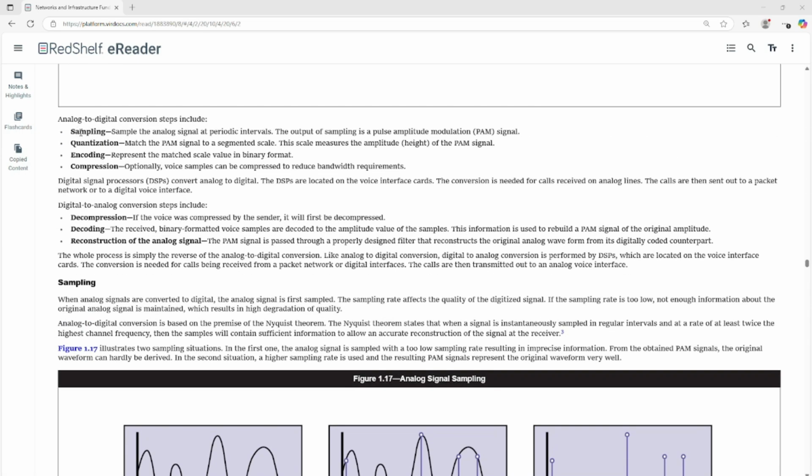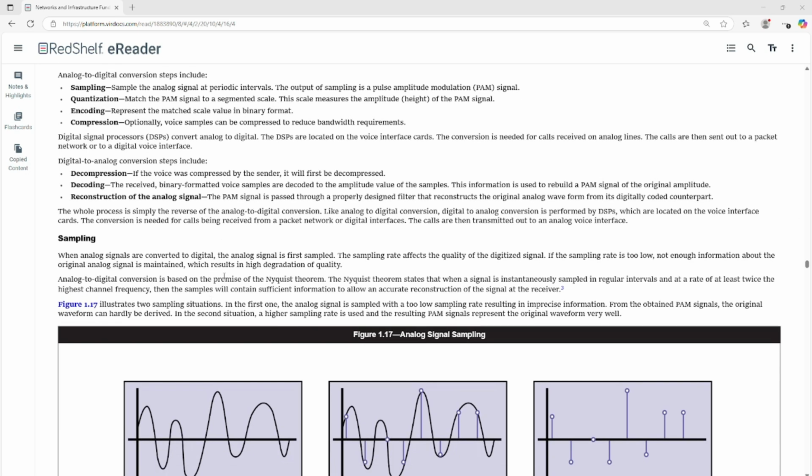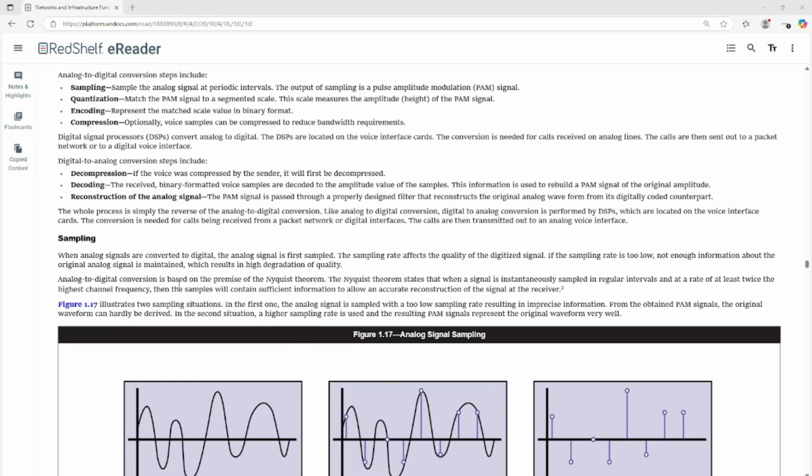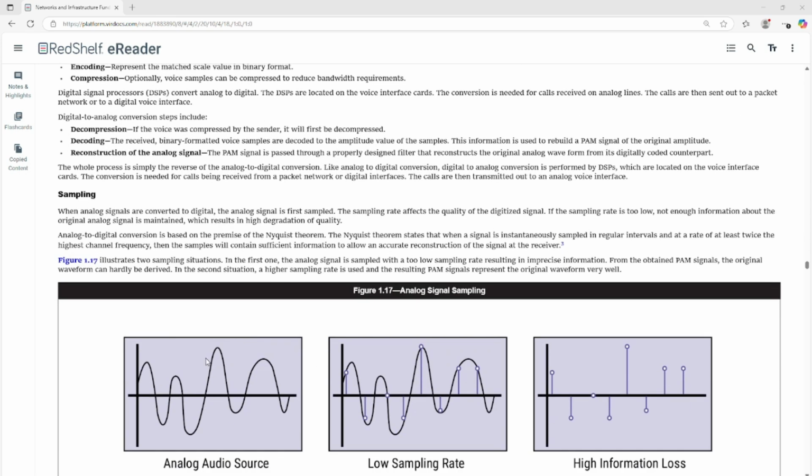Like I mentioned, that very first process is sampling, right? What is sampling? It is when signals are converted to digital. The analog signal is first sampled. We already explained that process up there. The diagrams in figure 1.17 illustrate two sampling situations.